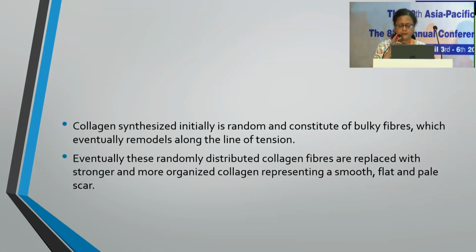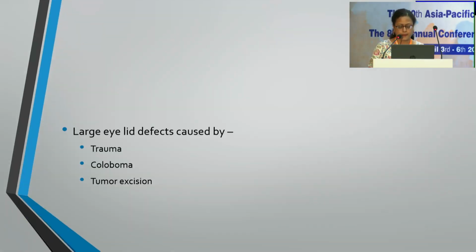The collagen synthesized initially is random and constitutes bulky fibers, which eventually remodel along the line of tension. Eventually, these randomly distributed collagen fibers are replaced with stronger and more organized collagen, representing a smooth, flat, and pale scar.